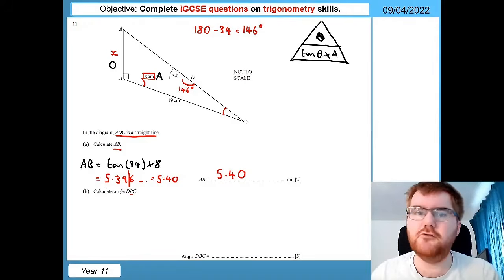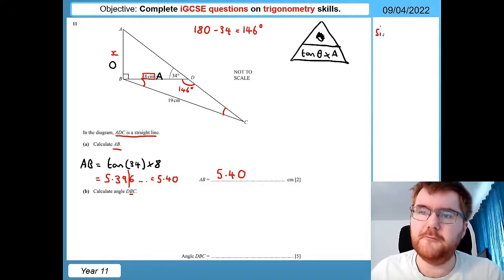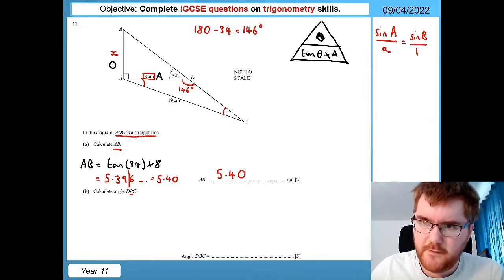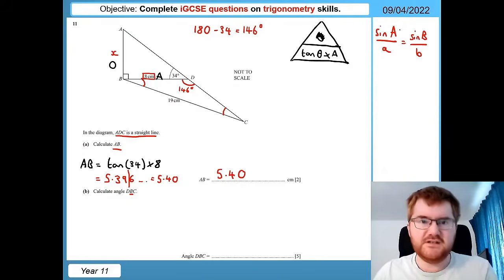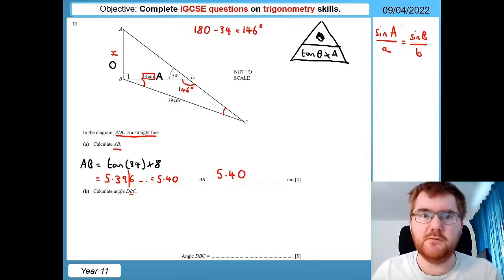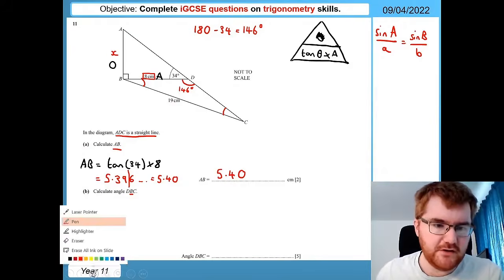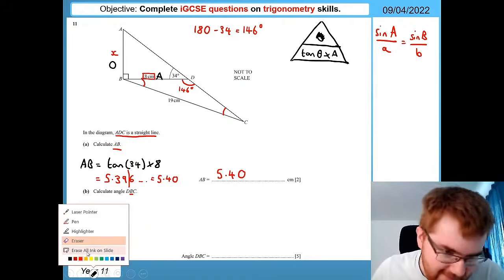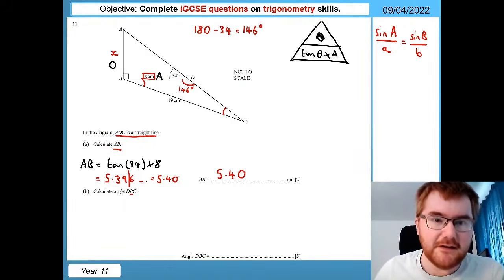Now, what is the sine rule? Well, this is on your formula sheet. Sine A over A equals sine B over B. So we just need to label this up correctly just so we know which one is which. Just to stop any confusion here, I would rub that out, but I can't, so let me use a different color.